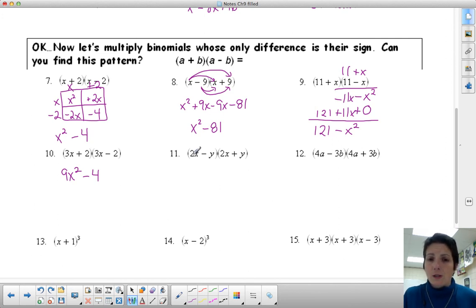So I simply need to do 2x times 2x, that's 4x squared, positive 2xy, negative 2xy, there's the 0. Negative y times positive y gives us minus y squared. And that piece is finished. Try number 12. Pause the video and give it a try.